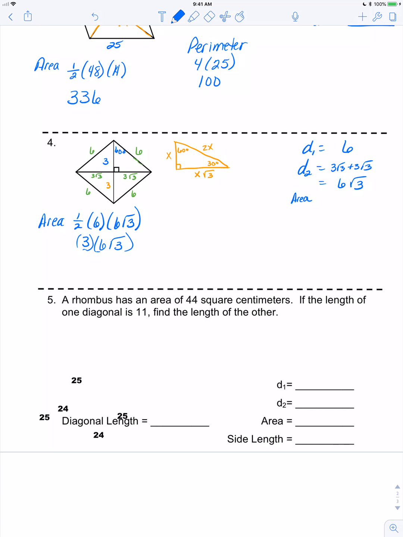Remember, you can only multiply whole numbers times whole numbers, not that root. So 3 times 6 is 18 square roots of 3. So your area is 18 square roots of 3. Then our perimeter, we know our outside edges are all 6. So 4 times 6, which is 24. So the perimeter is 24.